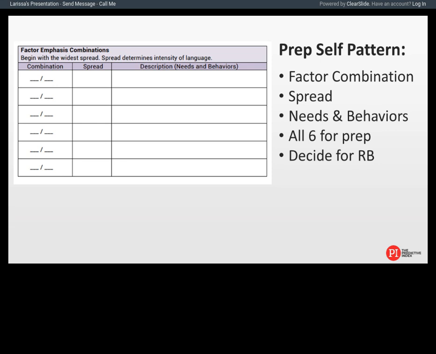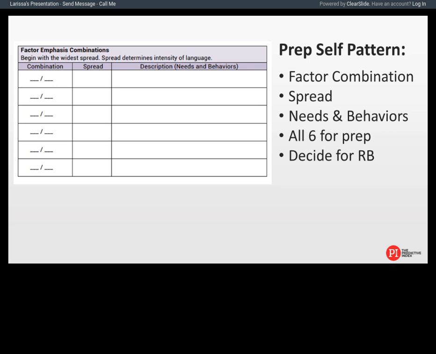So how many blocks away are they? So 3 blocks, 4 blocks, 6 blocks. And I have an example that I'll show you of what I mean if that's not clear to you yet. And then in the description next to it, you would write in some needs and behaviors that are connected to this combination.